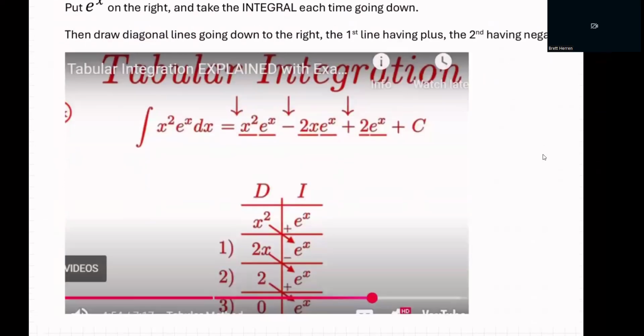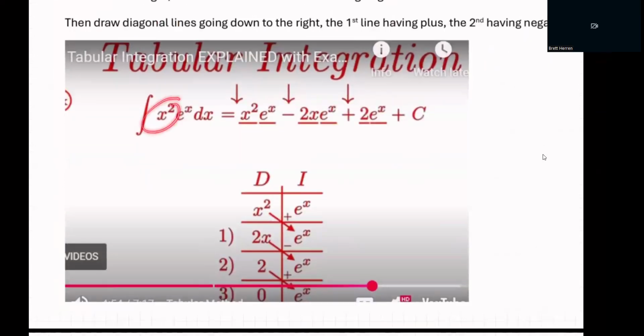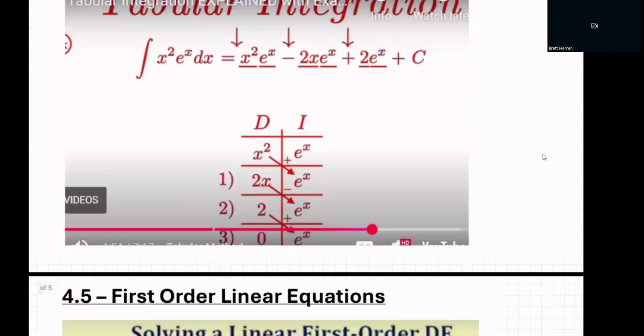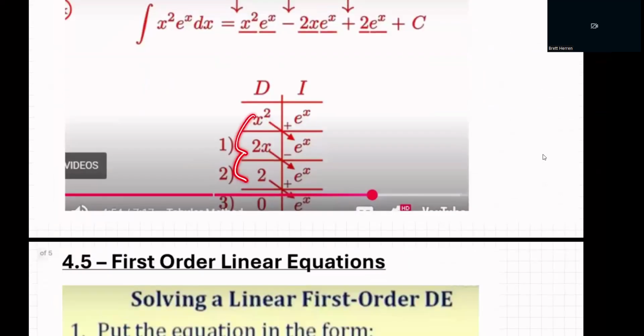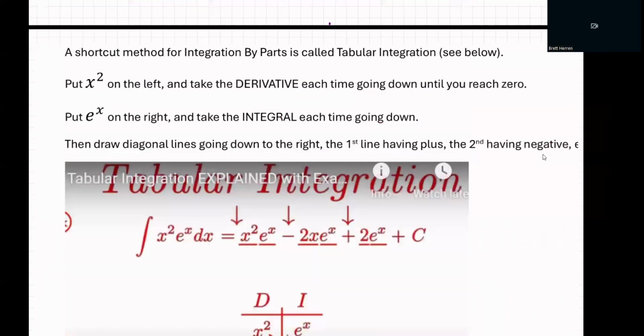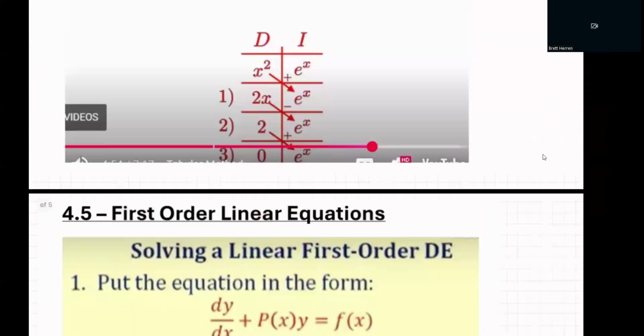You put your first function on the left and your other stuff on the right. On the left side, you go derivative, derivative, derivative till you get down to zero. On this side, you go integral, integral, integral, and then you draw diagonal lines: first is plus, second is minus, and so on, and that's your answer. Let's do it.